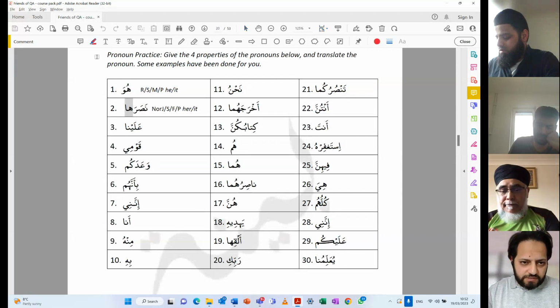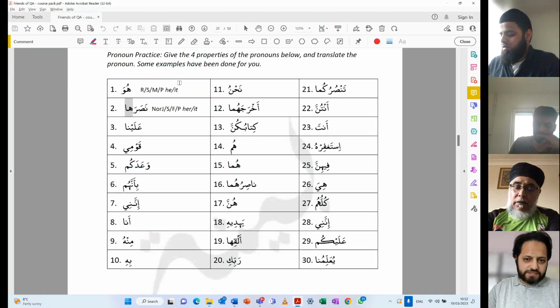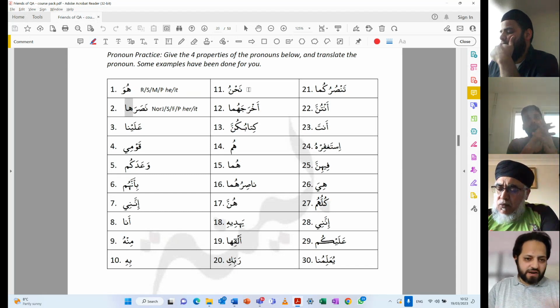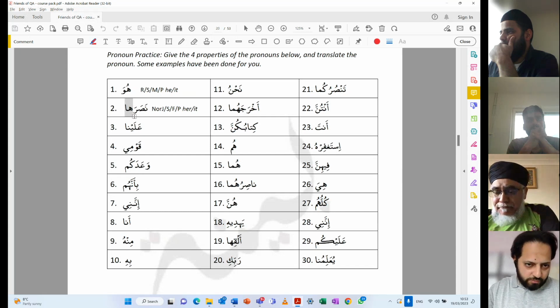Okay, so what we are doing in this exercise, all you have to do is identify, detect the attached pronouns and try to find their four properties. That's all we need to do, and you can do it at home, inshallah. So you will see all sorts of pronouns, attached and independent, and you will have to find which one is which.